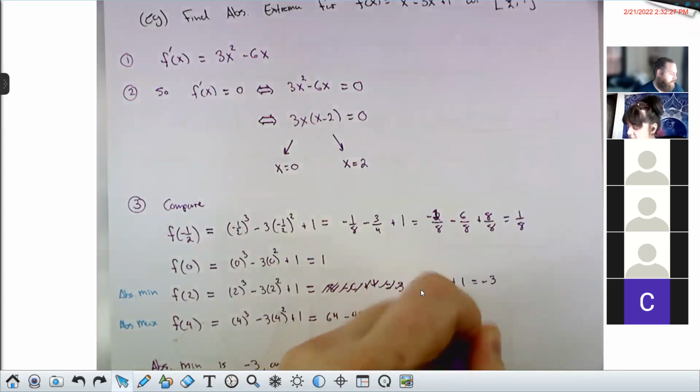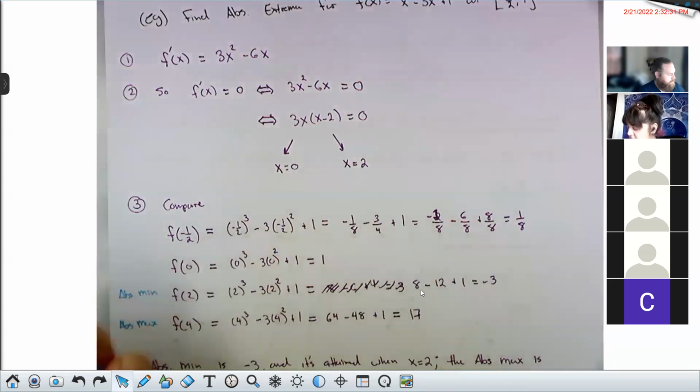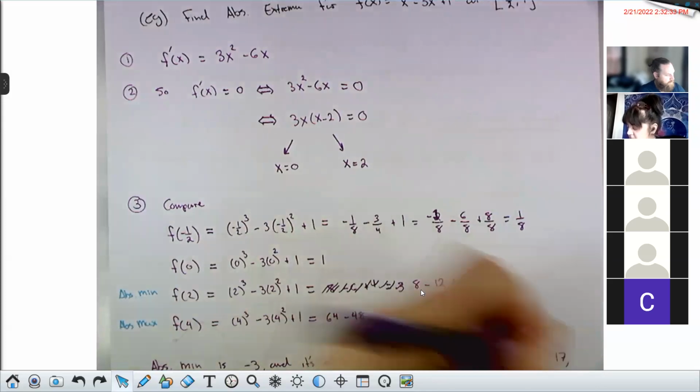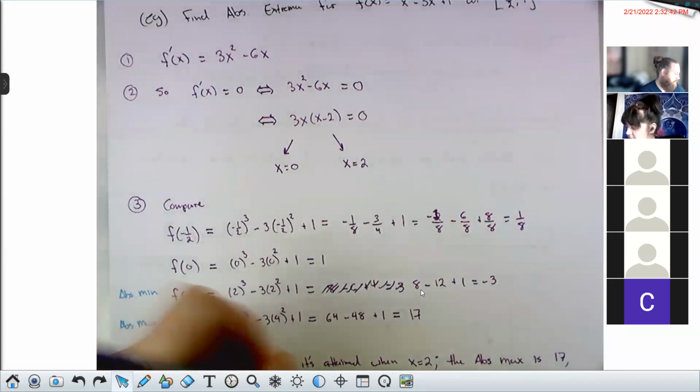The absolute max is 17, and it's attained when x is equal to 4.